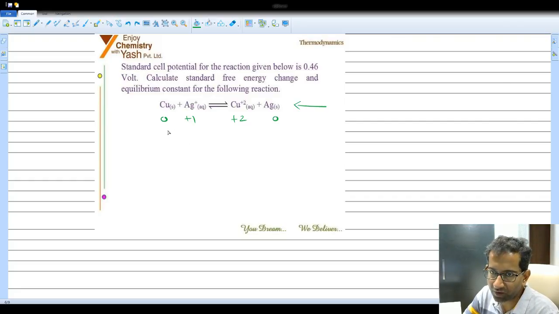Now the number of electrons involved in the copper reaction will be 2 moles, and Ag plus to Ag will involve 1 mole of electron.